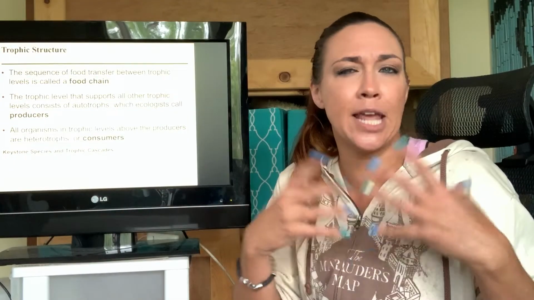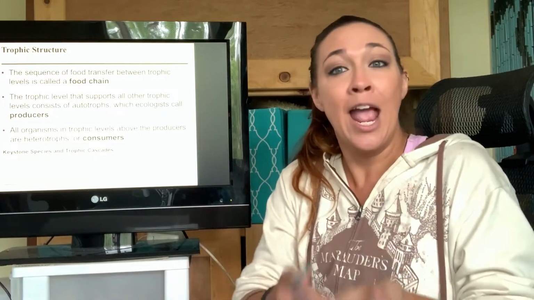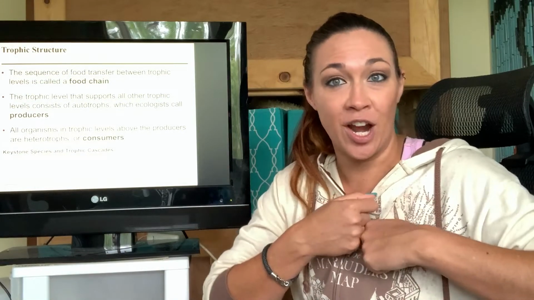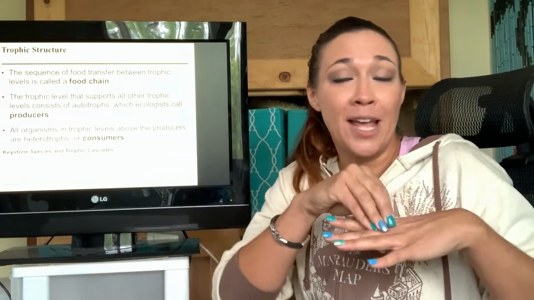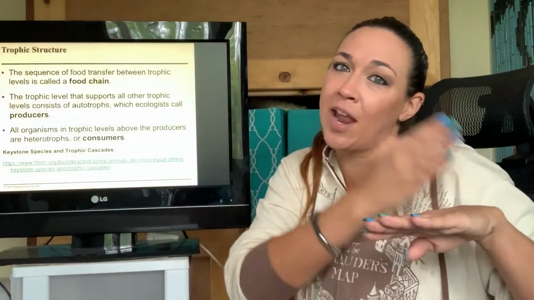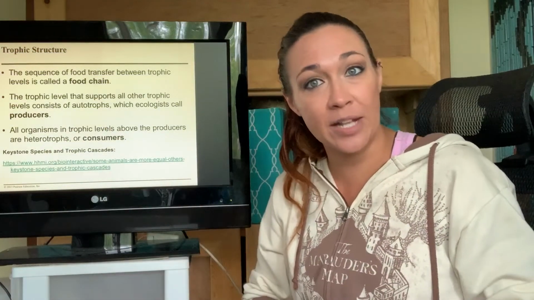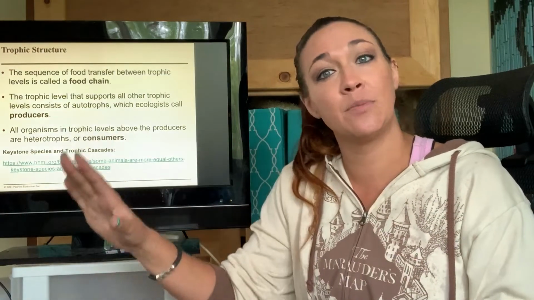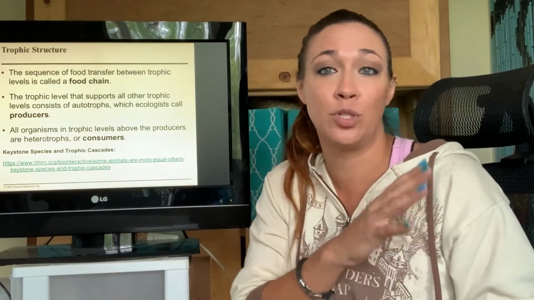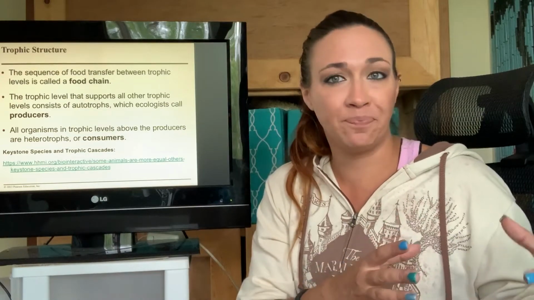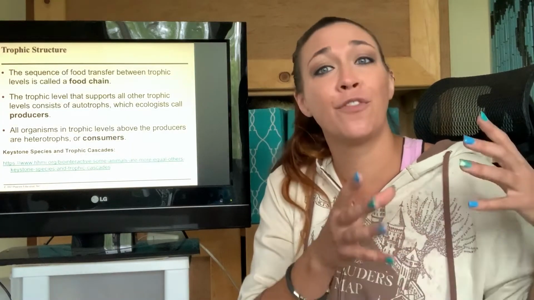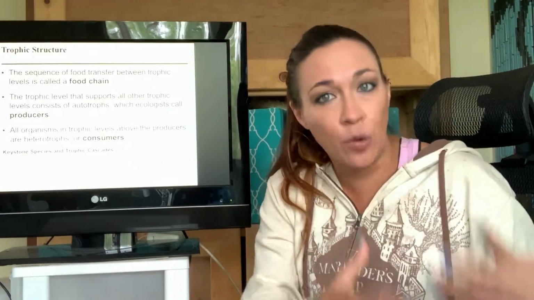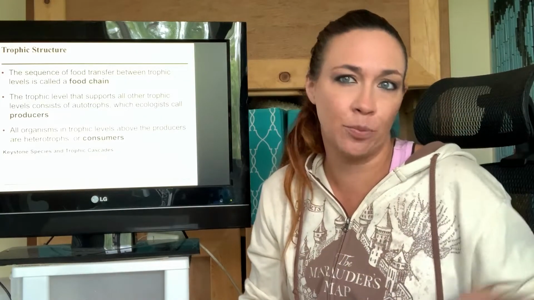It hits the plants, the algae, anyone who's photosynthetic, and they turn that into usable bits of sugar. Then the herbivores eat the plants, we eat the herbivores, and that energy is transferred up. That's what's known as the trophic structure. Energy is being transferred from one organism to the other, always starting at the basal level, which means base level, or the primary producer level. Those are your photosynthetic organisms, your algae, your plants, etc.